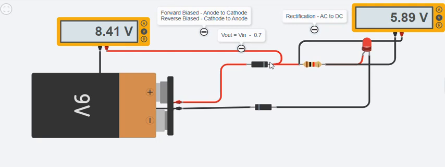The remaining voltage is for this diode to give us 9. Do you understand?